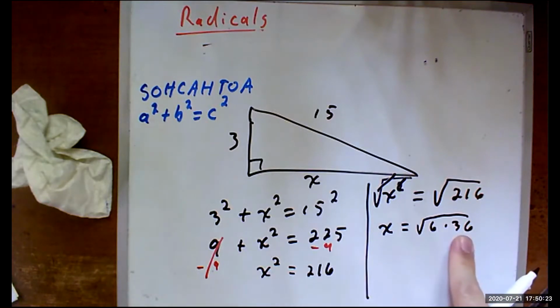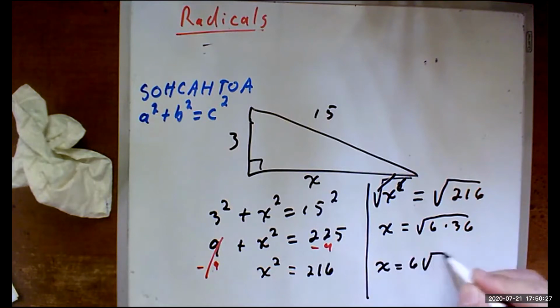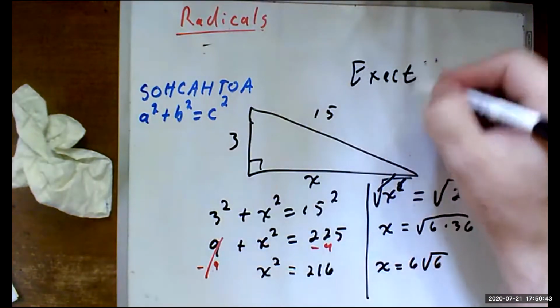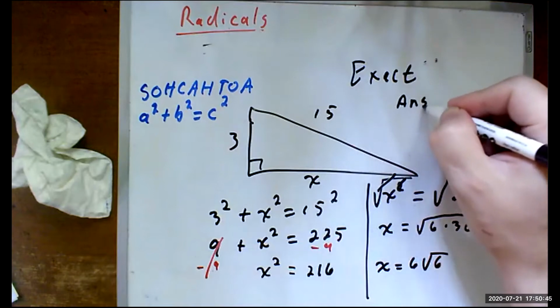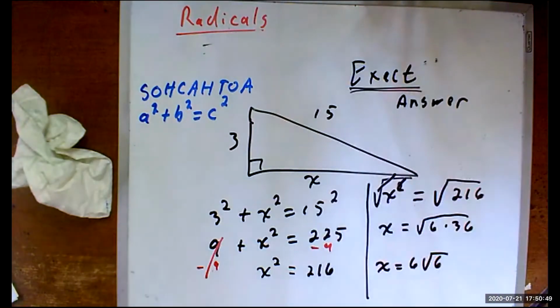I can take the square root of 36, and I end up with 6 root 6. So that's the exact answer.